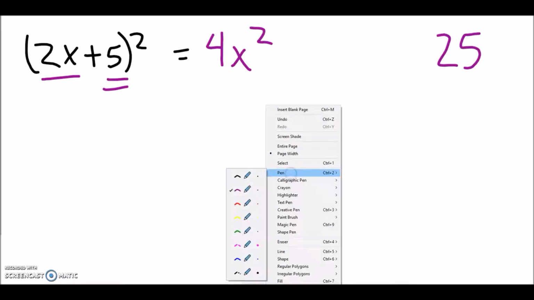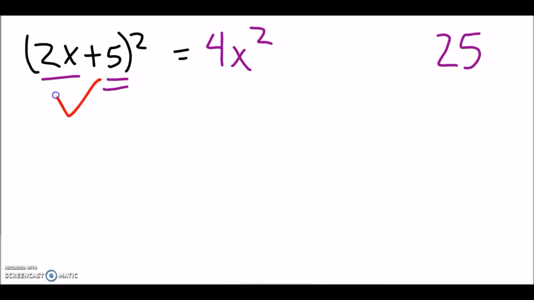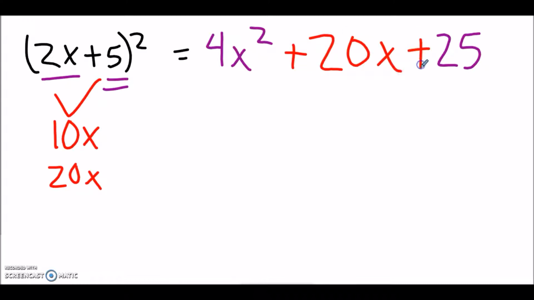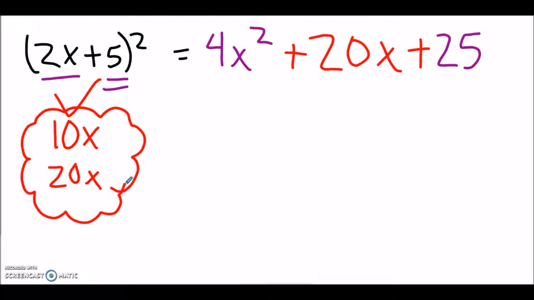Then we have to double multiply our two middles. That gives me 10x. And then double that. That gives me 20x. And that goes in the middle. And of course this is probably, I'll draw a little thought cloud, that's probably all happening in your brain. You wouldn't really be writing that down. It wouldn't be much of a shortcut if you wrote it all down.